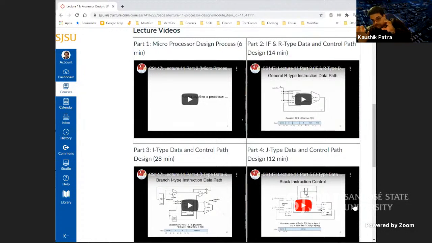So your processor is basically split up into this part of the circuit which supports R-type instruction, which supports I-type instruction, which supports J-type instruction. Each part has two subparts, data path and control path. Data path is how the logic goes through and is manipulated through different logic components. And control path basically says how these data crunching elements are being controlled in a timed way. Okay, that is the control path.